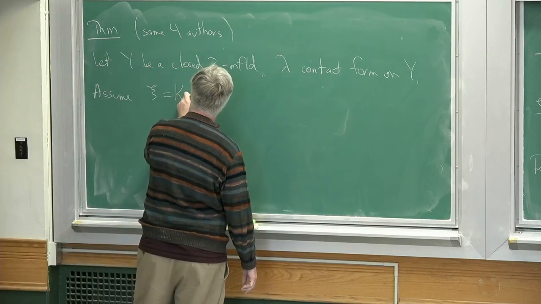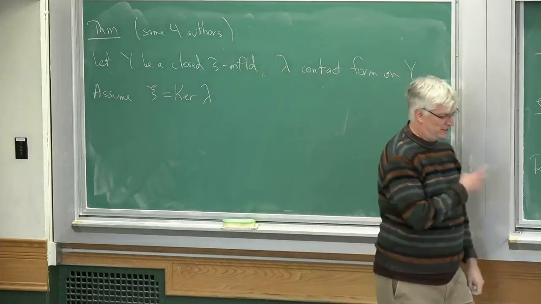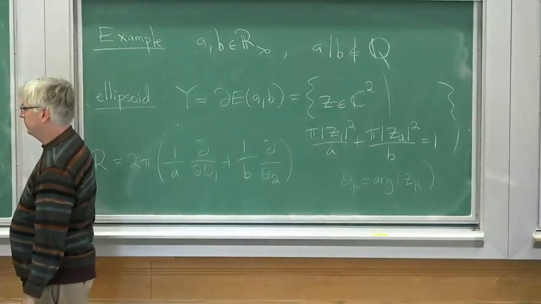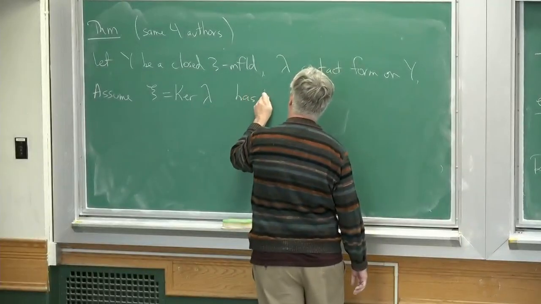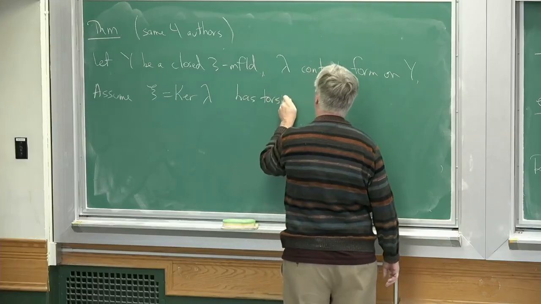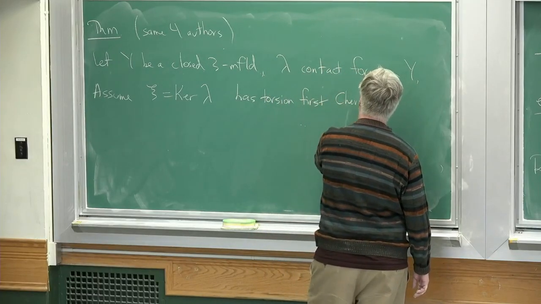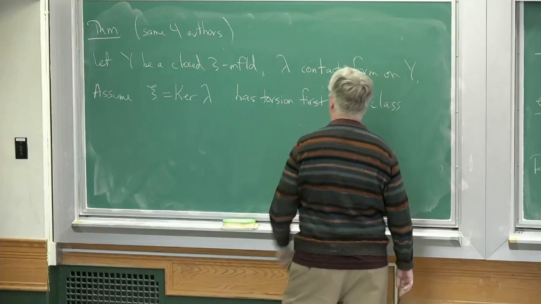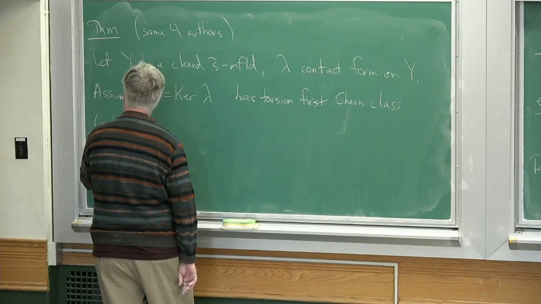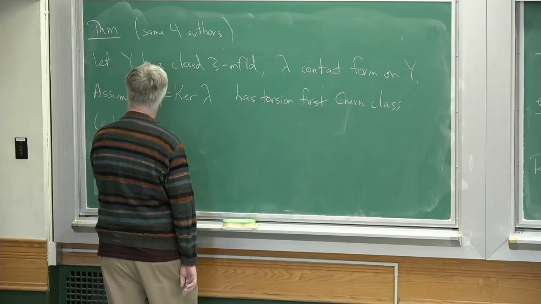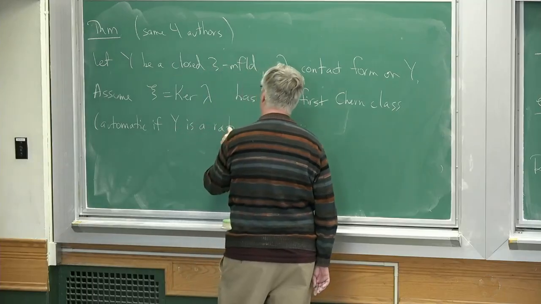So this is a rank 2 vector bundle, and it's oriented, so it has a first Chern class. So assume that this has torsion first Chern class. So this is automatically true if Y is a rational homology sphere.